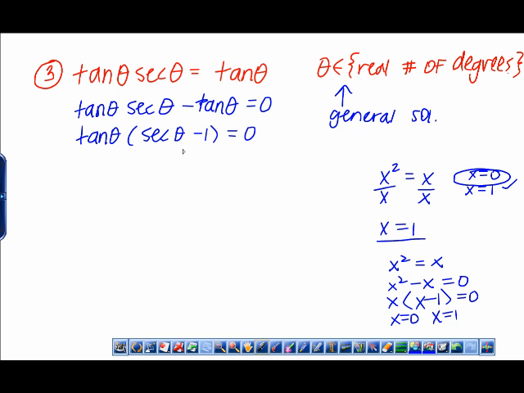Because if I have 2 factors that are equal to 0, well then I can continue to solve just by setting each individual factor equal to 0, because 0 times another number is 0, so you can work it out this way. And so here I have theta is equal to arc tan of 0. And so what is that? Okay, so that's 0. Well, that's one of my solutions.